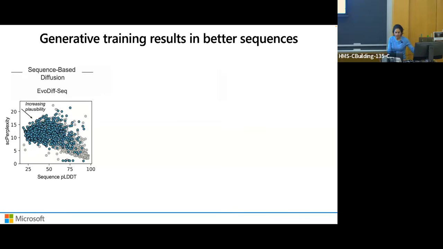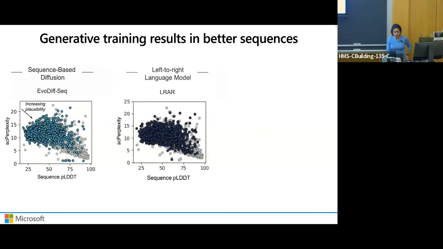Okay, great. So if we compare our diffusion-based approach to a traditional left to right autoregressive approach, where you now have a fixed decoding order, you start with one token, you predict the next amino acid. Based on that, you now have two, you predict the next, and so on in this left to right manner.